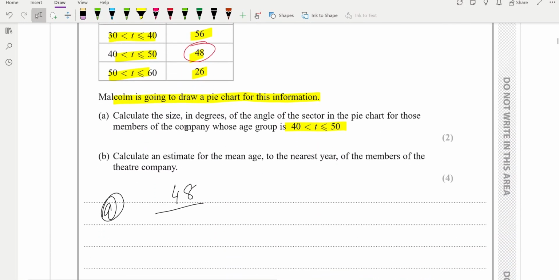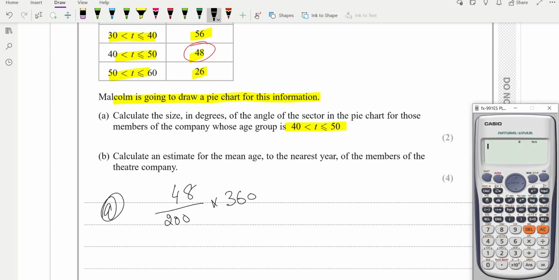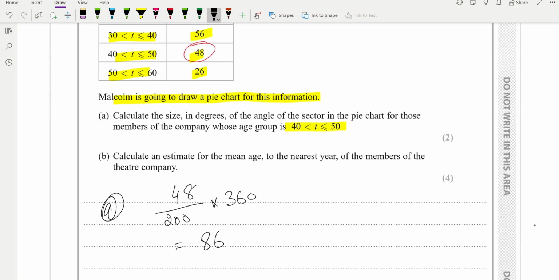So 48 divided by 200 and multiply by 360 for the pie angle. 48 over 200 multiplied by 360 is equal to 86.4. So 86.4 degrees will be our answer.